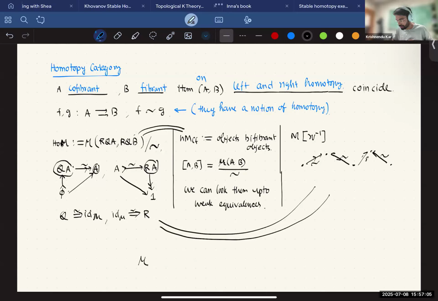I will just look at the model category, which has the weak equivalences, formally invert them, and talk about the homotopy category. That's the point I'm trying to make. Is it clear? And these are equivalent as honest categories, not in any model theoretic sense.